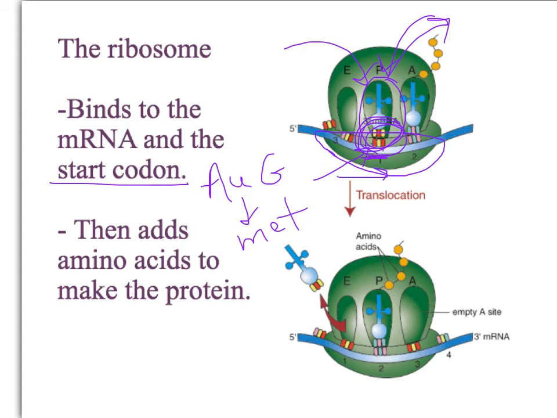So once it moves over, as we notice here, we have our string of amino acids, right here, 1, 2, 3, and 4. So right here's our 4 amino acids. They're going to move over from one tRNA to the next. All right, and then we're going to move down so we can get to the next codon to read.